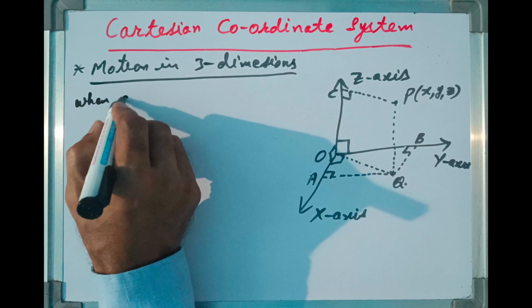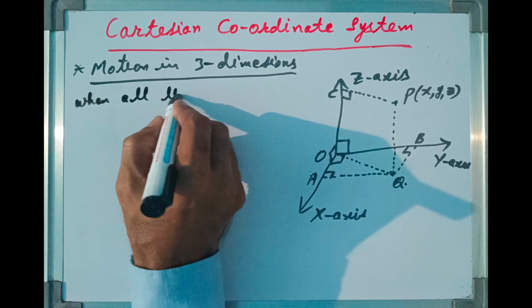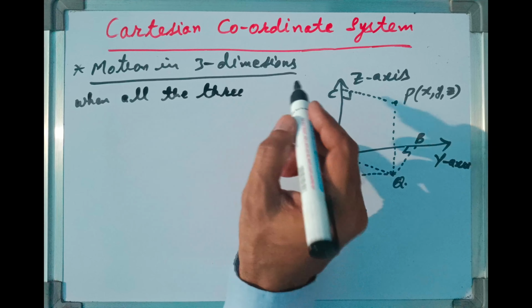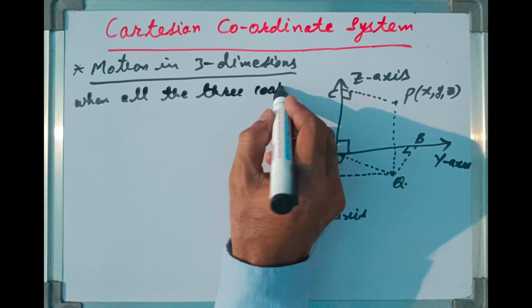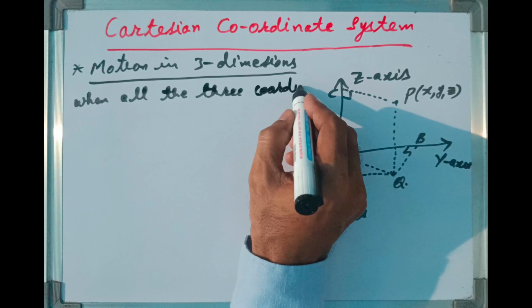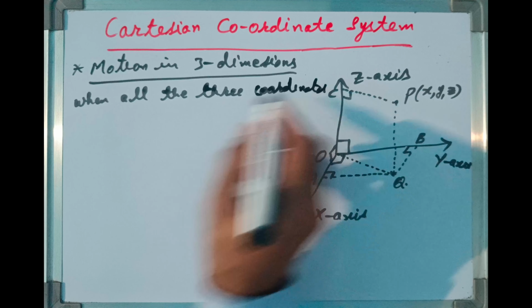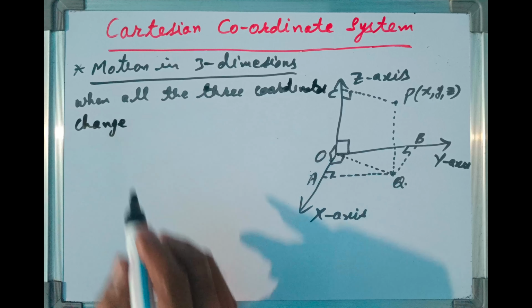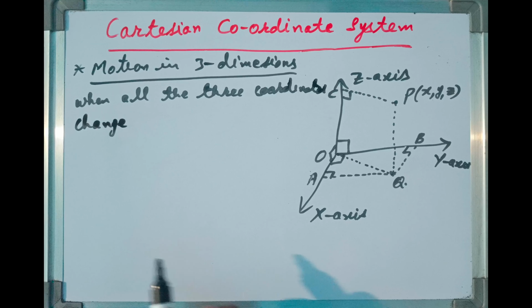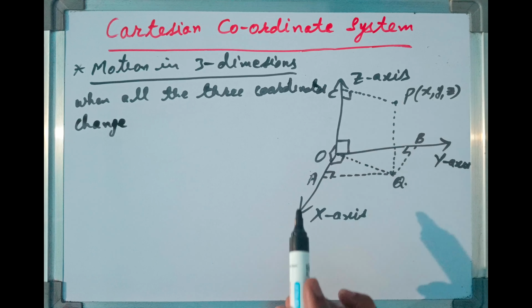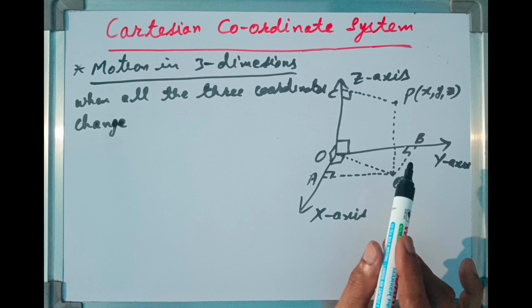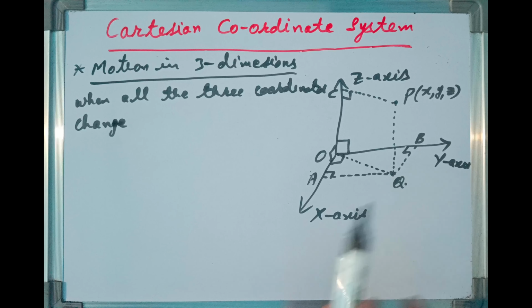When all the three coordinates change, then the motion is said to be motion in three dimensions. Means when a body moves in such a way that the x coordinate, y coordinate and z coordinate, all the three change, then the motion is said to be motion in three dimensions.